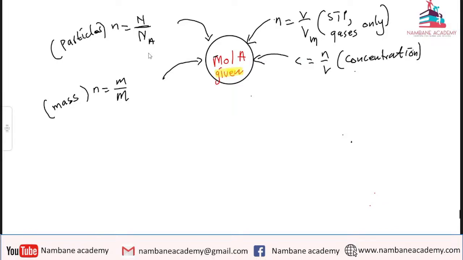Ladies and gentlemen, the number of moles is the stoichiometric calculation foundation. Everything will be based on the number of moles. This strategy works through the chemistry of grade 10 until the chemistry of grade 12.